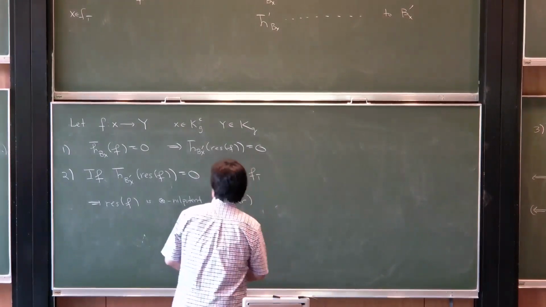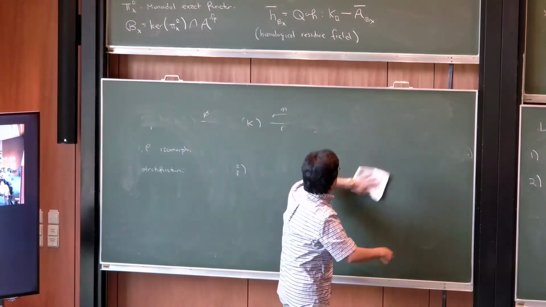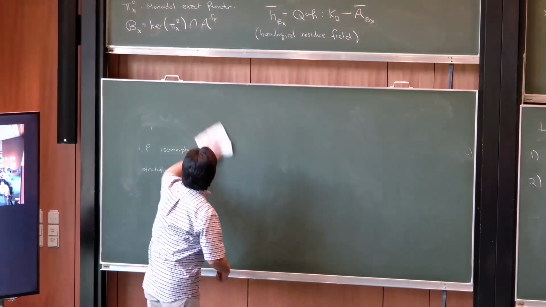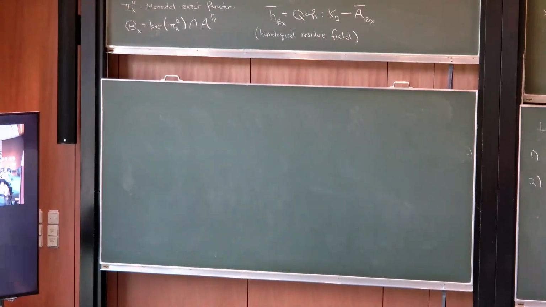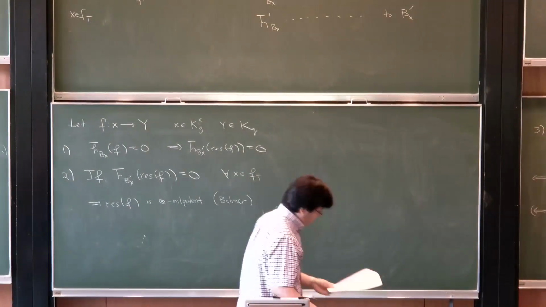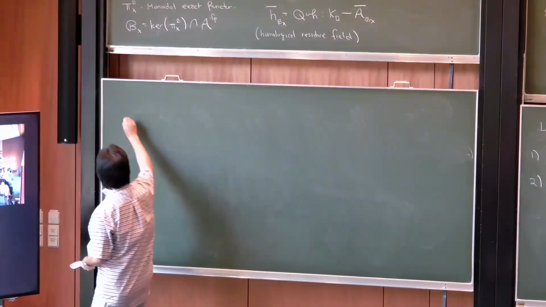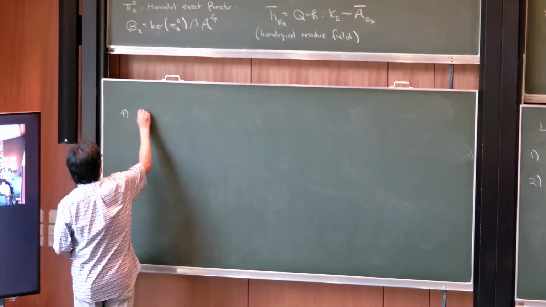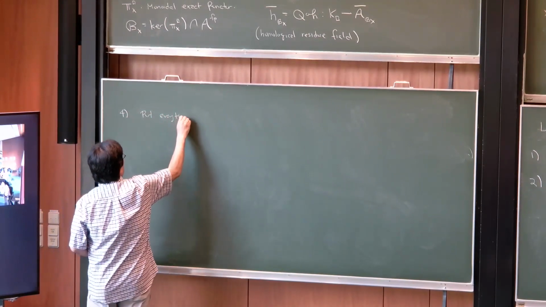All right, and now what we do is we put everything together. So this enables us to get a nice class of homological primes to detect projectivity over the big algebra.